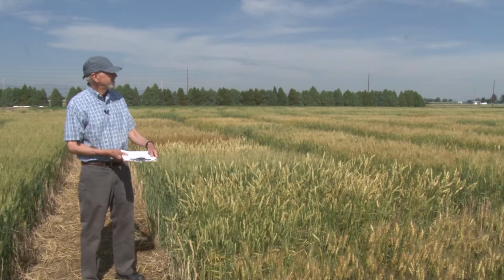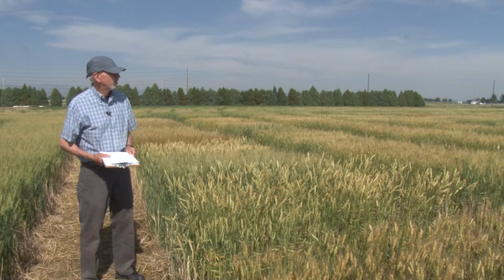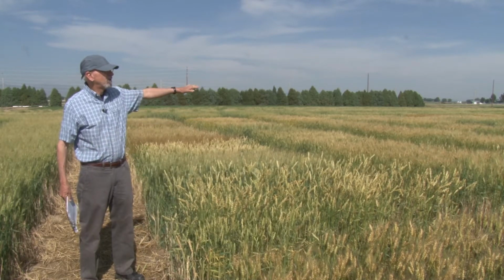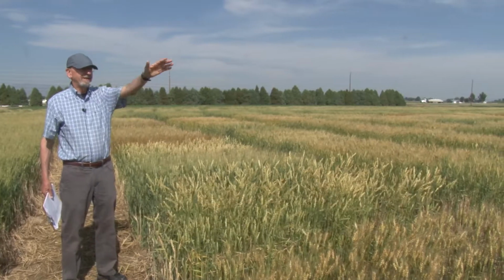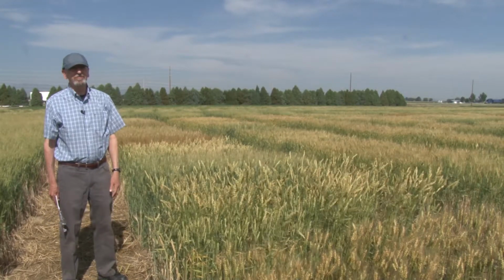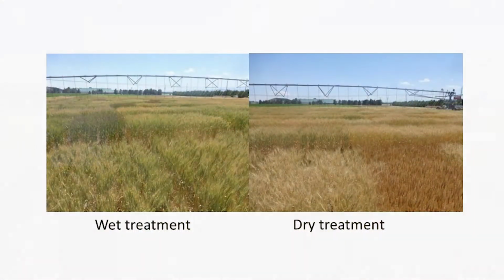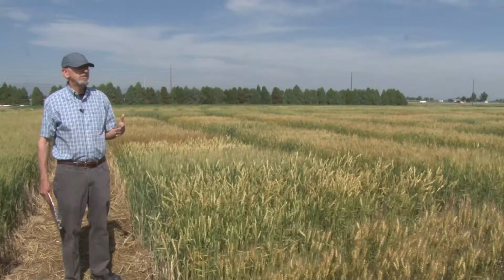So this is the side of the field that was fully irrigated all during the season. In an adjoining part of the field, we have had no additional irrigation after the initial germination of the crop last fall. So one of the primary traits we'll be looking at is the difference.